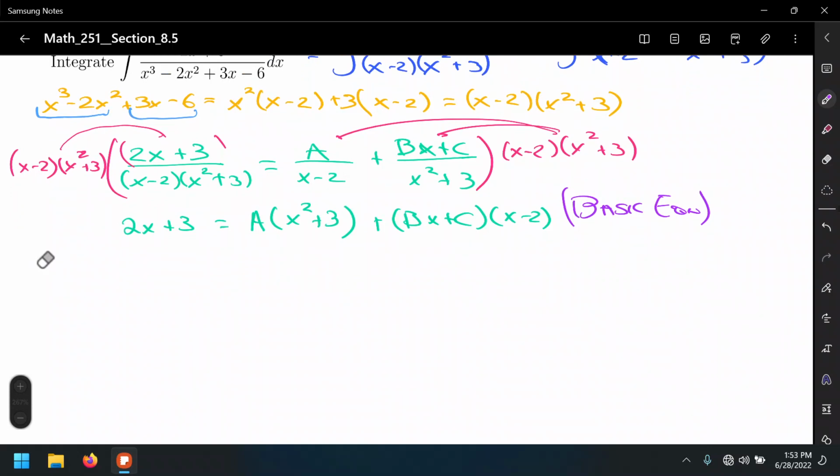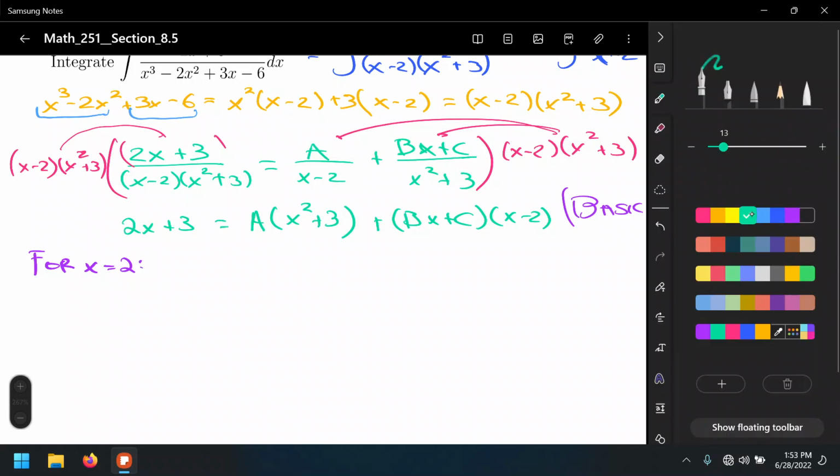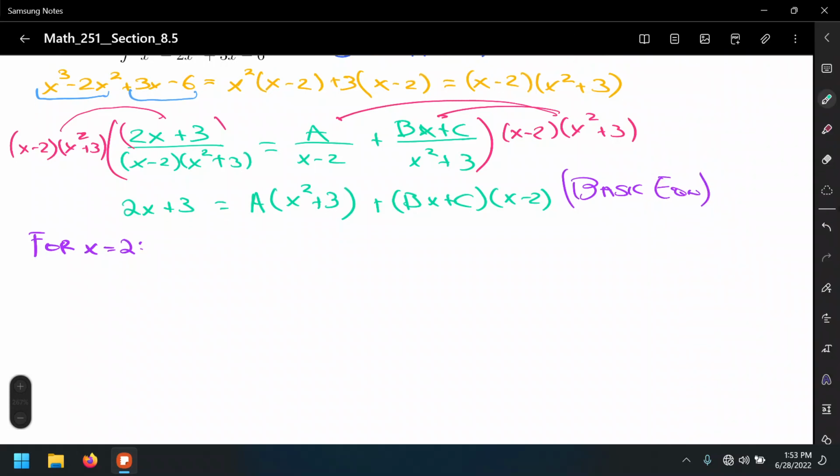So for x equals 2, so what do we have? 2 times 2 plus 3 equals A times 2 squared plus 3 plus Bx plus C times 2 minus 2.